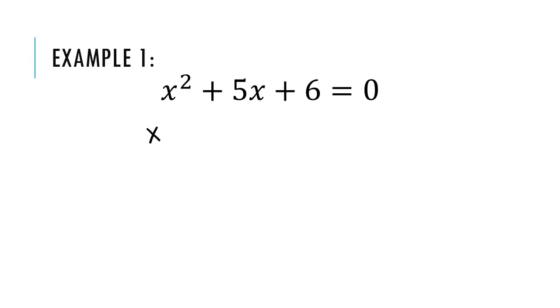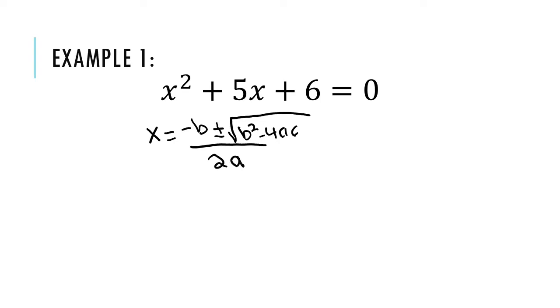I know the quadratic formula is x equals negative b plus or minus radical b squared minus 4ac over 2a. So the first step to be able to solve this quadratic is to find out the values of a, b, and c. Looking at this quadratic, the values of a, b, and c are 1, 5, and 6.